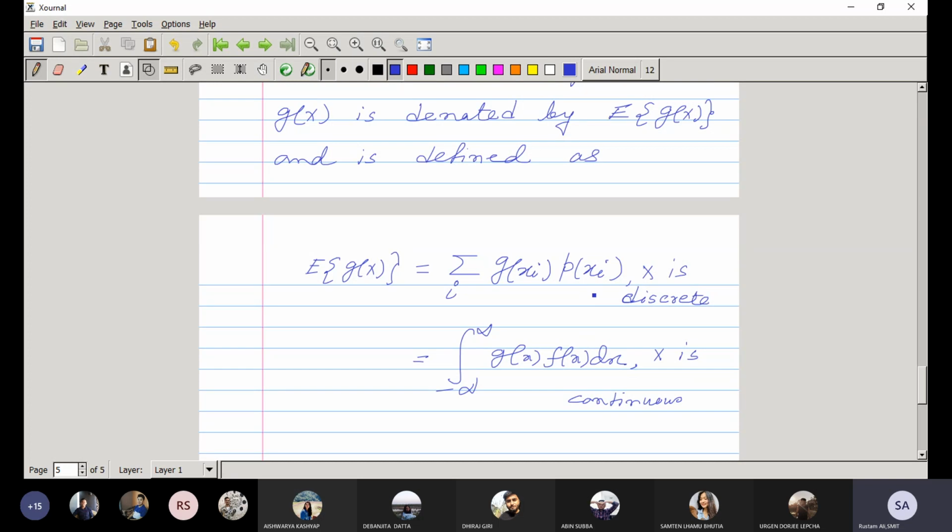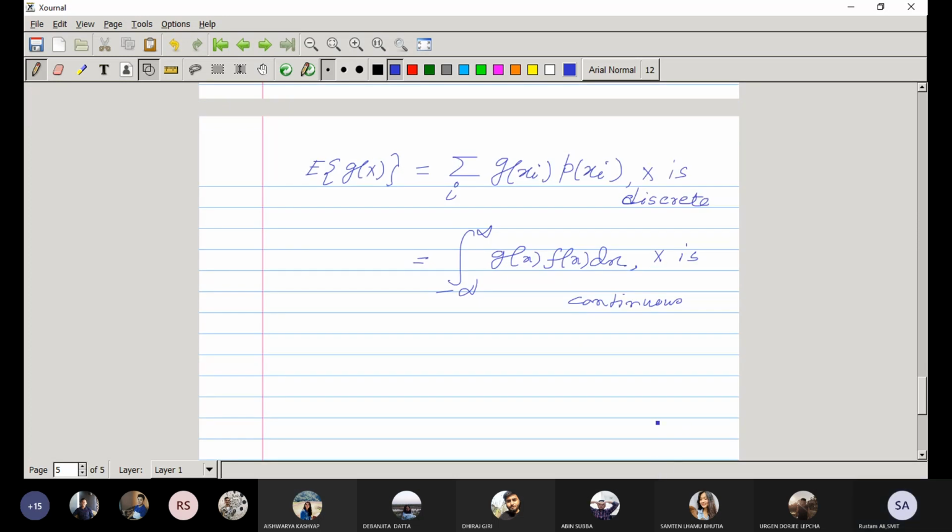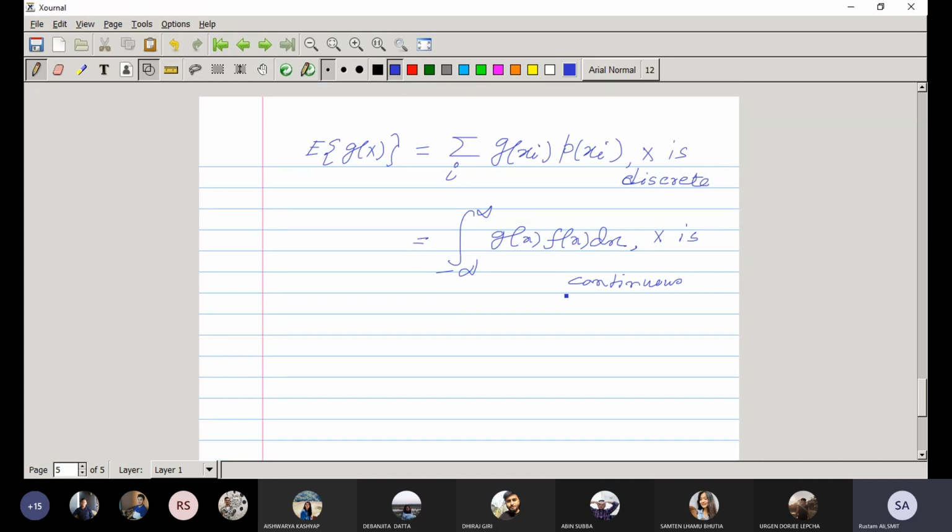What is p of xi here? p of xi is the probability mass function of the random variable x, and f of x is the probability density function of the random variable capital X.